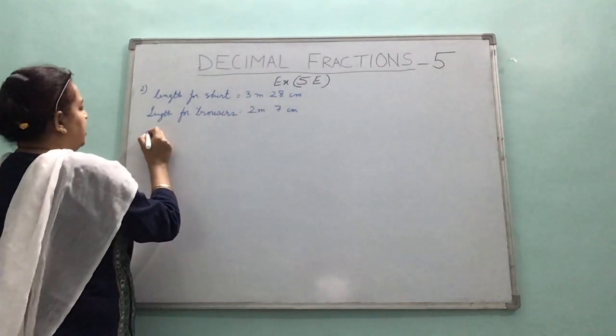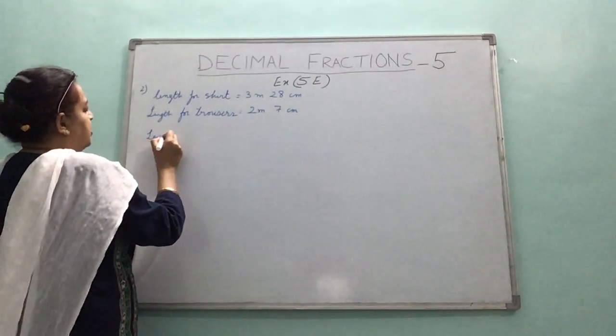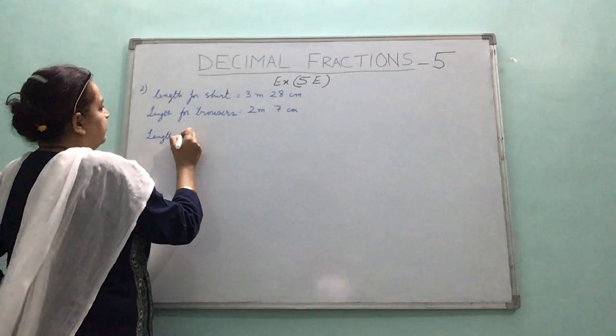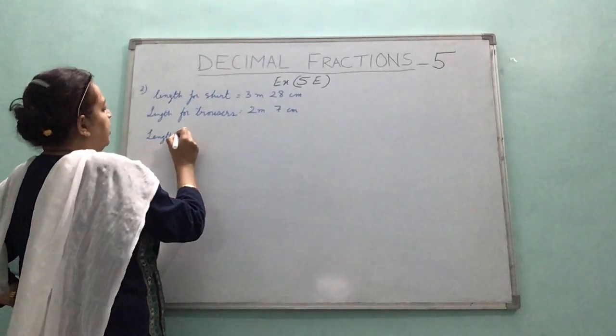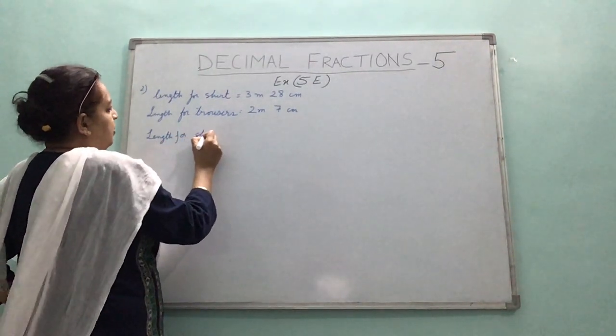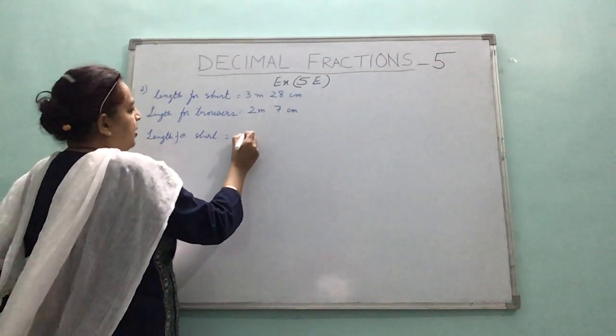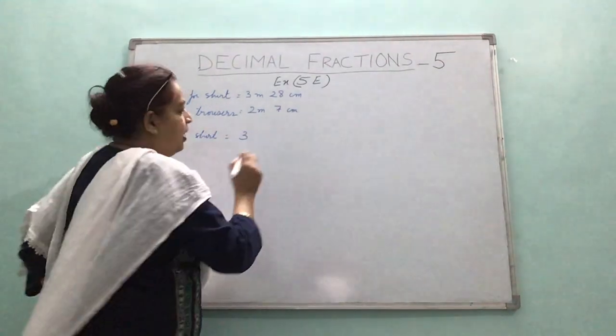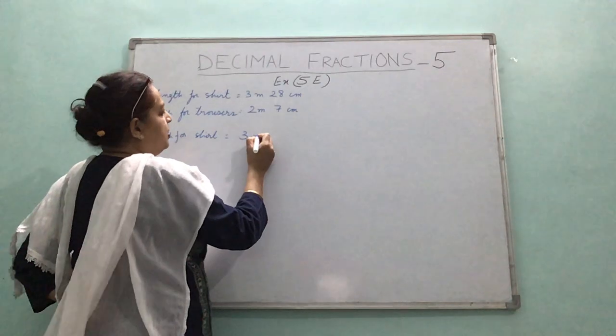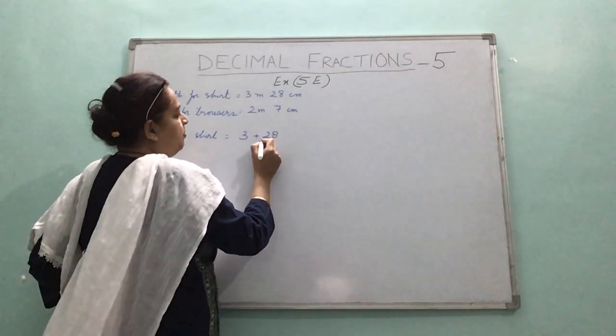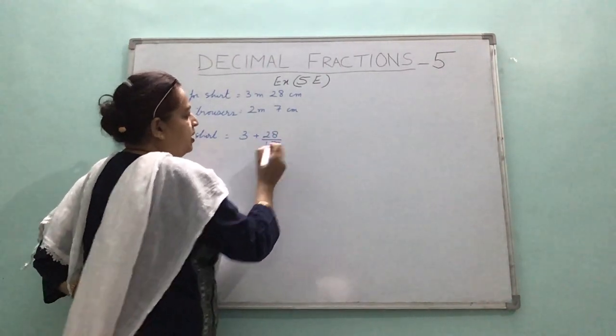So I'll convert it. Therefore, length of cloth for shirt would be 3 meters and 28 centimeters. I have to convert to meters, so I have to divide by 100.